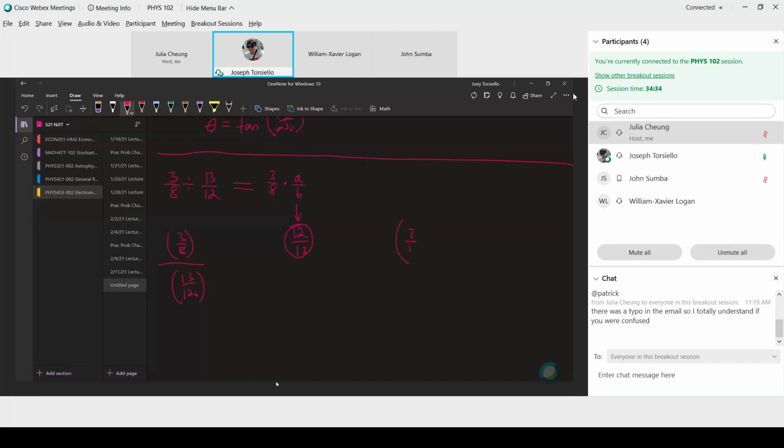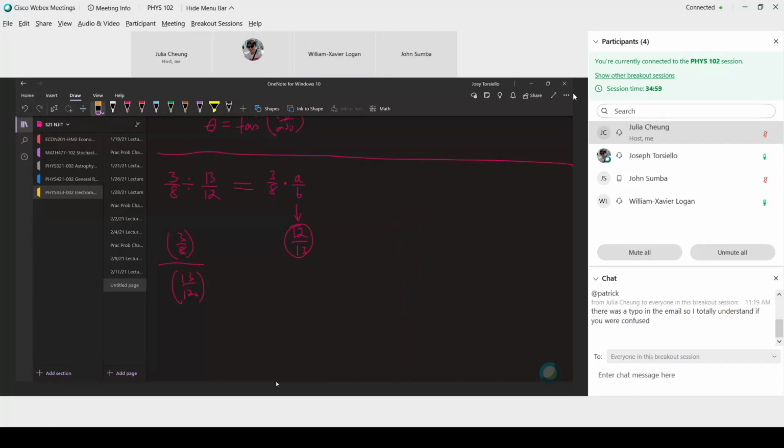Like 3/8 over 9/12, for example. You could solve this by dividing the numerator by 3 and then dividing this by 3, and you get 1 and then 3 here. But overall, it's just not the good thing to do.